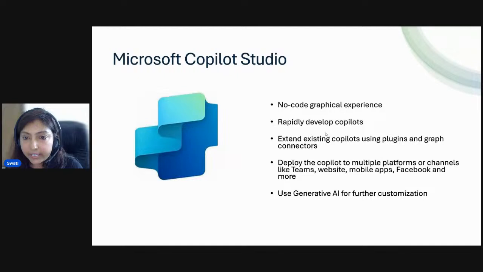You can also extend the Copilots that you already have using plugins and Power Platform connectors. And importantly, you can also deploy it to external channels like Teams or website or Facebook. And then you can also use generative AI for further customization. So let's go to Microsoft Copilot Studio. I'll just stop sharing and share my Microsoft Copilot Studio.